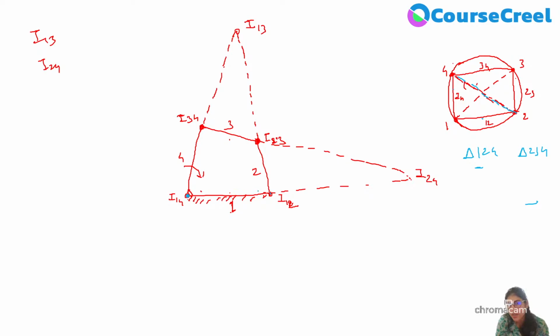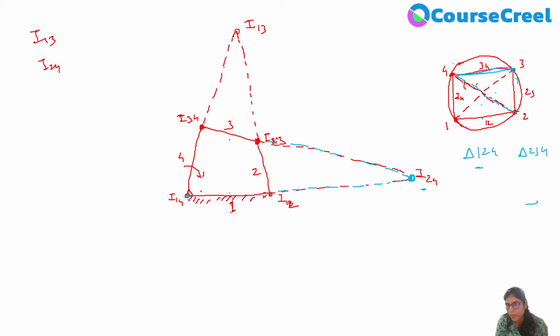So this line we will continuously extend, right. Similarly, this 2 and 4 is also having another triangle. This is the common line for both the triangles, 2 3 4. So here 3 4 and 2 3, the lines we will extend. So on the basis of these two triangles, we can define the location of I24.